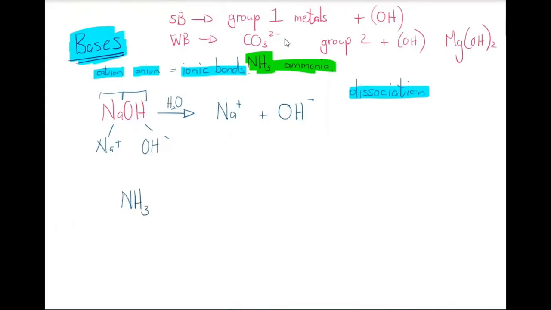what type of bond is present? Nitrogen is a nonmetal, hydrogen is a nonmetal. So this is a covalent bond. And covalent bonds do not undergo dissociation, where the arrow and water are written above one another.